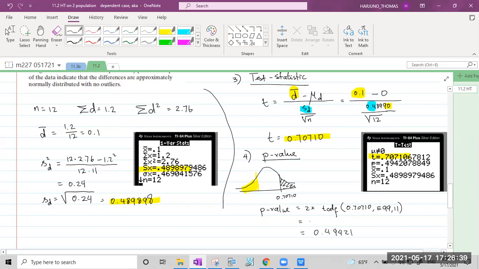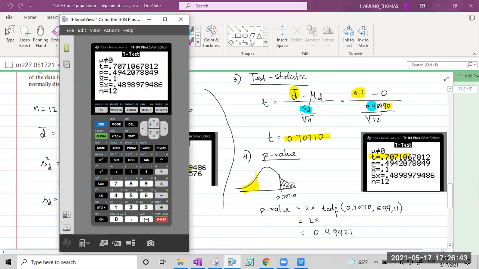But let's see. This is 2 times, use our calculator again, tcdf, lower bound 0.70710, upper bound E99, let me just use 100, degree of freedom 11.